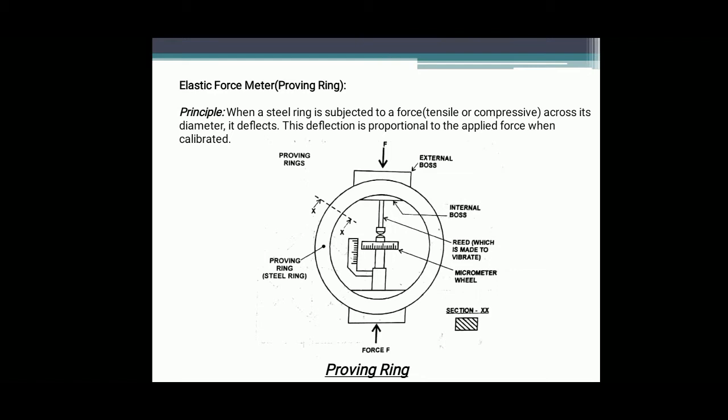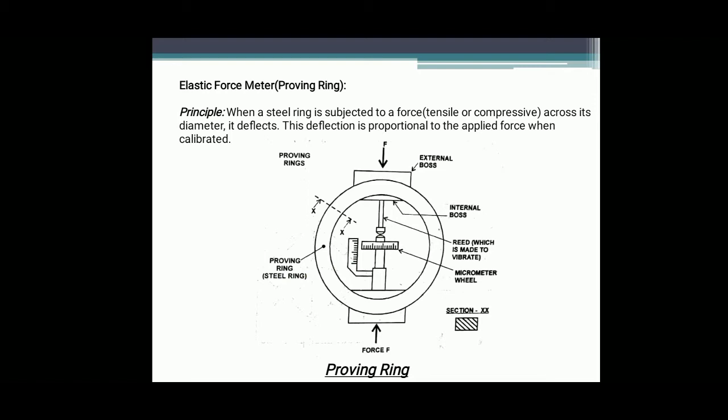When the ring is deflected, the vibrating reed vibrates. While the reed is vibrating, the micrometer wheel is turned until the micrometer contact moves forward and makes a noticeable damping of the vibrating reed. Now the micrometer reading is noted, which is a measure of the deflection of the ring.